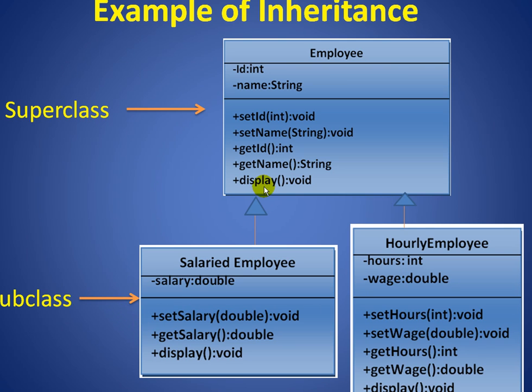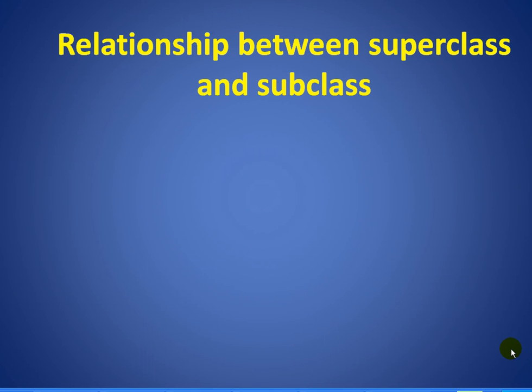Now also see that the employee class has a method called display, and also salaried employee and hourly employee both have a method called display, the same as that one in the superclass. This is what we call method overriding.